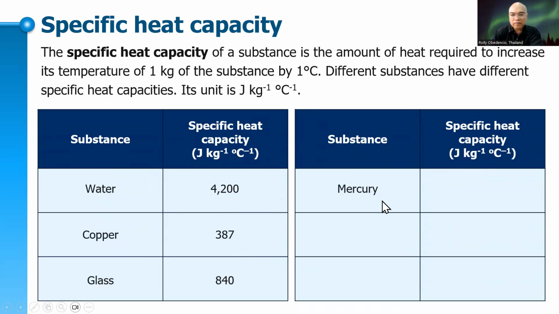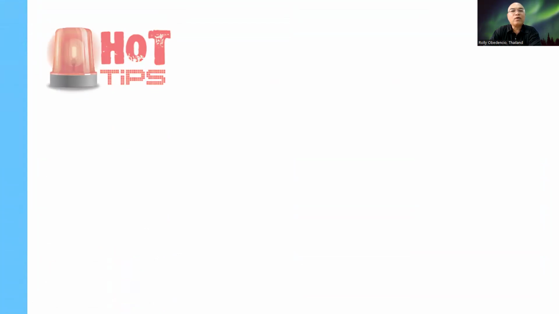For mercury, it's 139 joules per kilogram per degree Celsius. And gold, it's 129 joules per kilogram per degree Celsius. And iron is 452 joules per kilogram per degree Celsius.